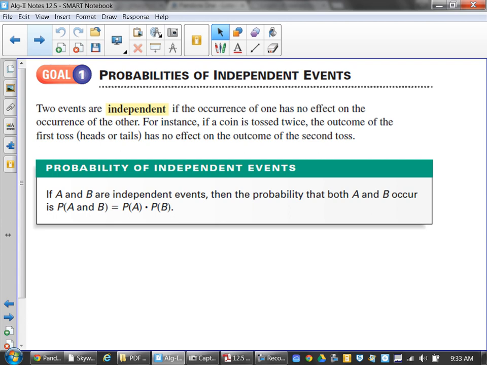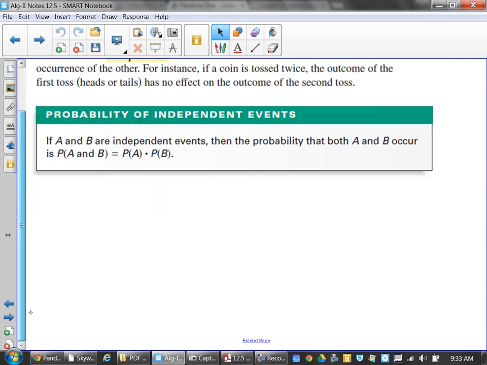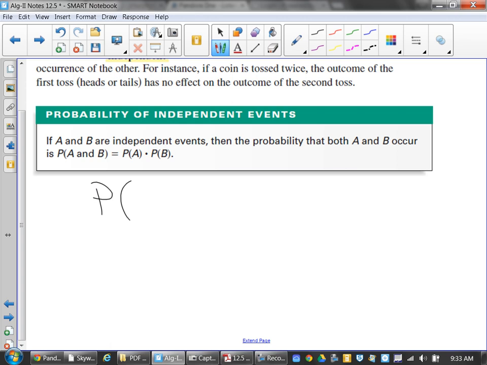If I'm going to roll a die, for example, the probability of rolling a 2, then rolling a 3. Just 2 completely independent events.